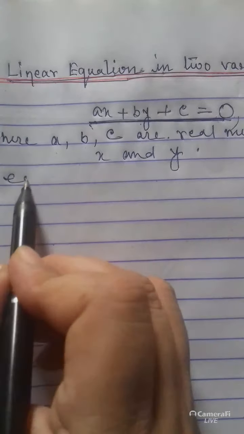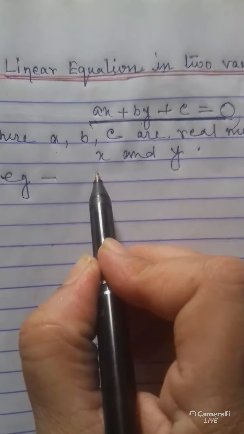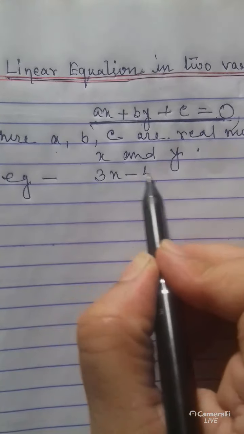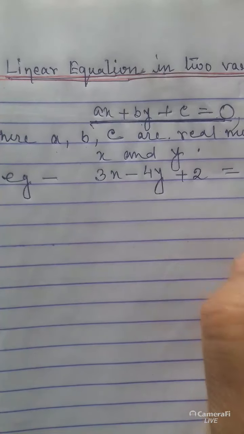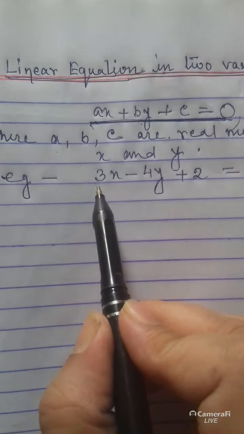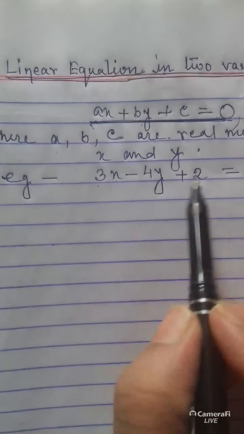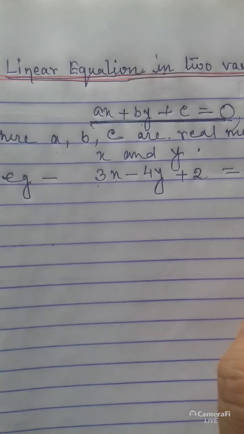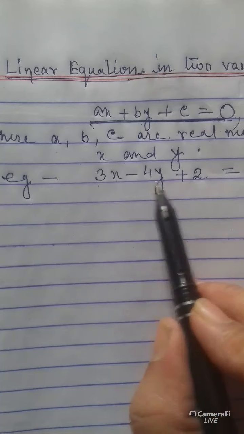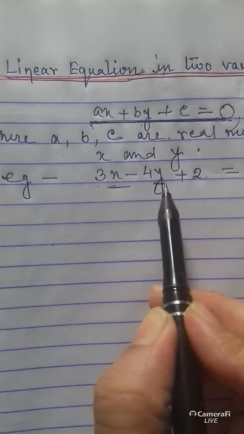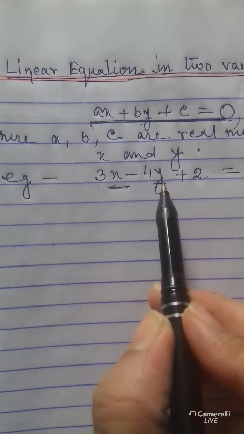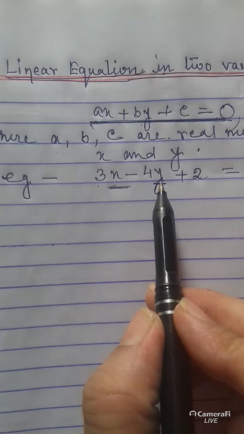For example, 3x minus 4y plus 2 equal to 0. This is the form of ax plus by plus c equal to 0, and this is a linear equation of x and y variable. Two variables are there, x and y.